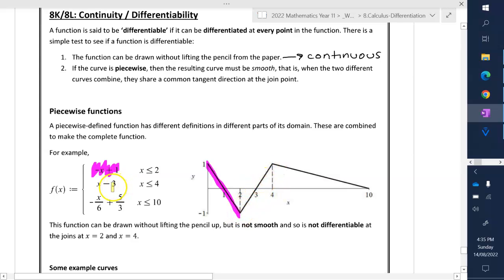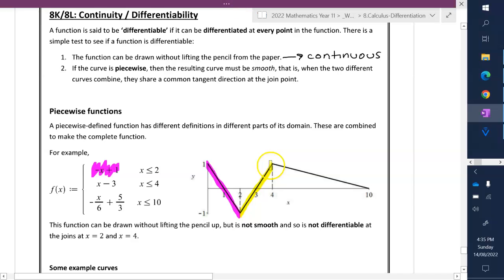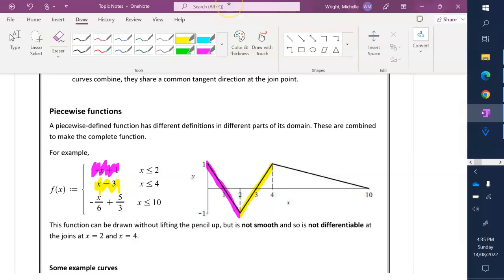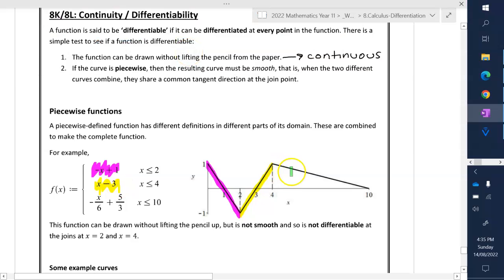So x minus 3. If you think of what our graphs looked like when it was y equals mx plus b, it's a gradient of 1, and it's going through minus 3 if we were to move that down there. Yep, that looks pretty right. That's that one there. Lucky last, I might make that one yellow for you to see. The lucky last bit is this section in here.